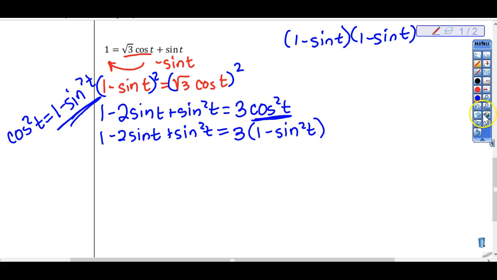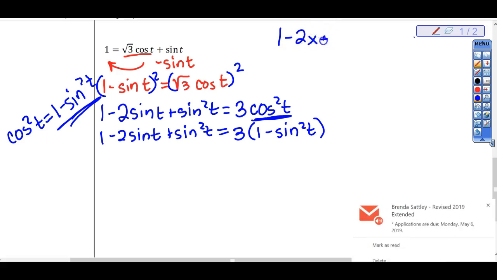Now, you may be going, okay, this is complicated and I just don't see what my next step is. If you're in that boat, you could replace all your sine t's with x's. So you might like this problem better if it looks like this. 1 minus 2x plus x squared equals 3 times 1 minus x squared.